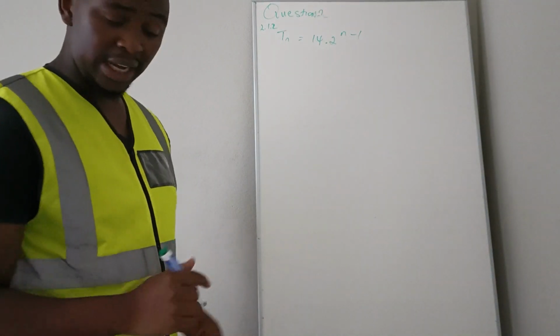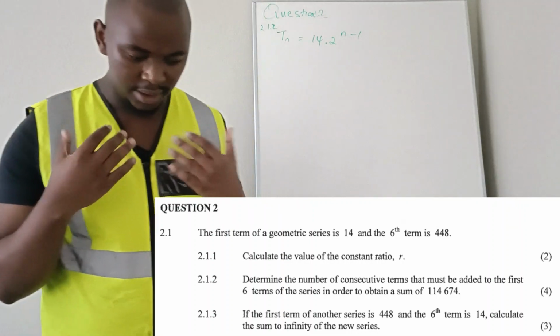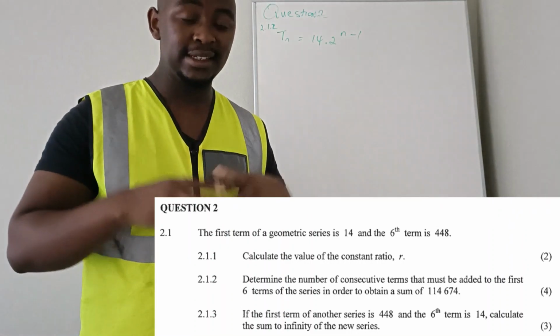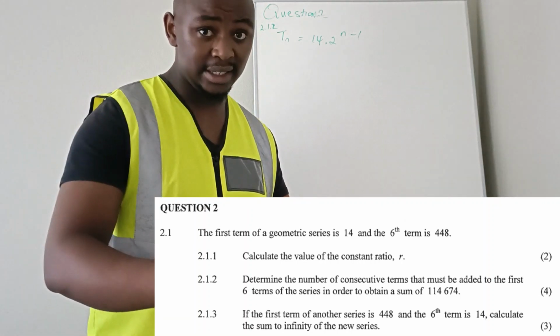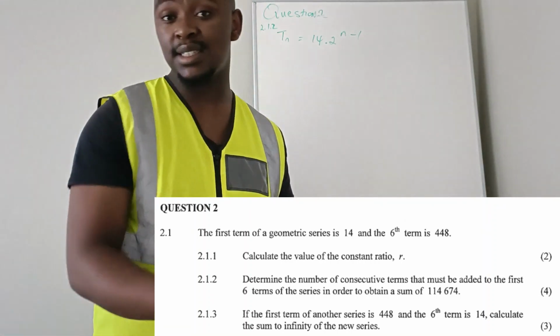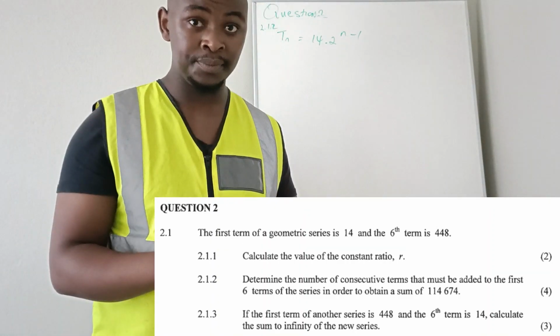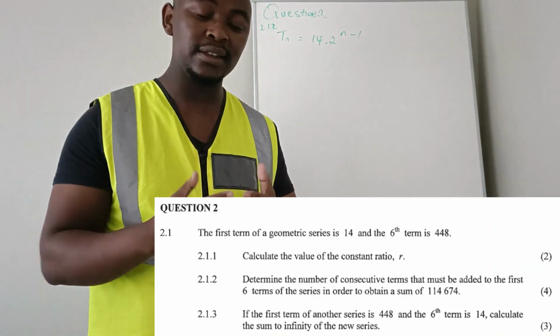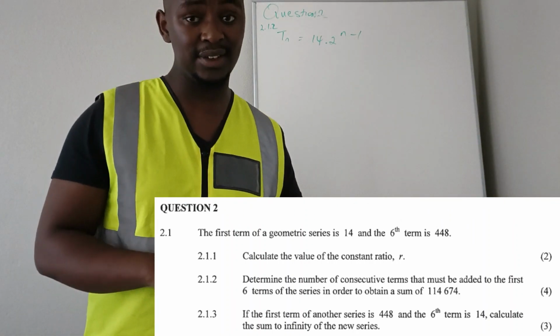So now let's analyze the question. How many terms can we add after already summing the first 6 terms? How many consecutive terms can we add so that we get the final answer of 114,674?